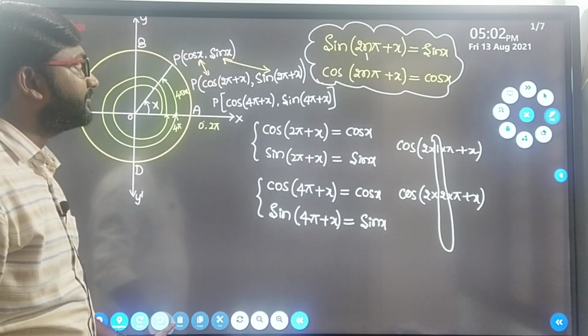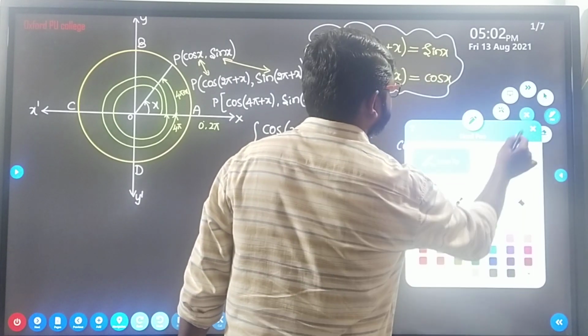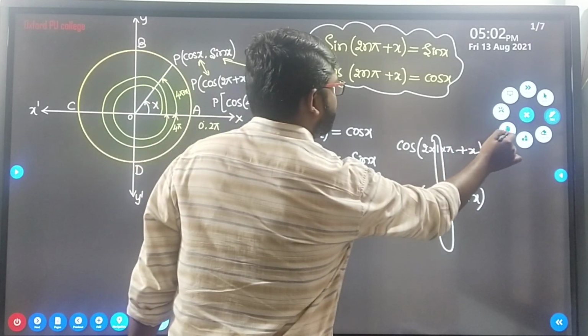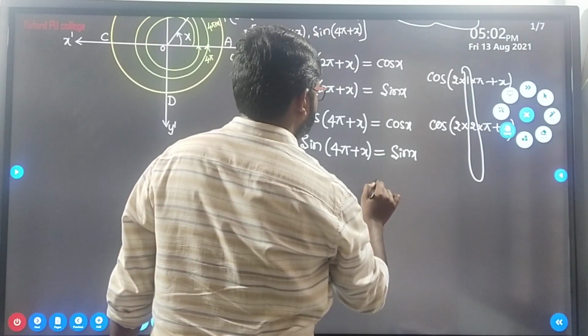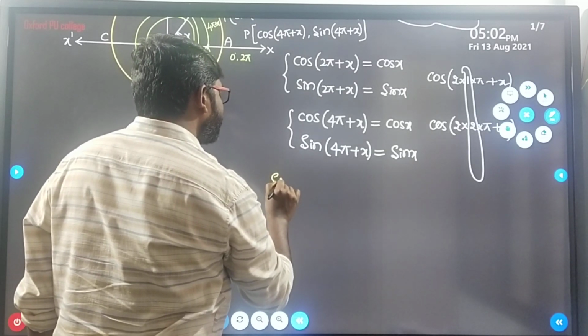So what are the final formulas now? Instead of writing these particular cases, I can generalize it.